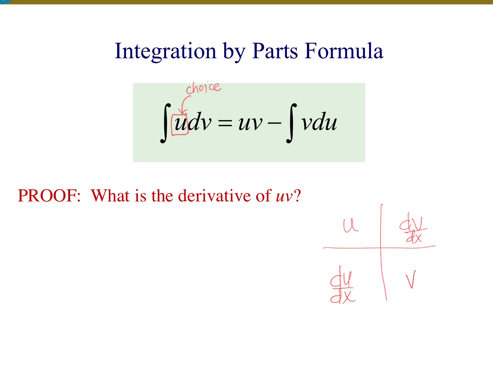Then you reassemble the parts together in the following order. You're going to have the product of UV coming first. So a lot of times in the graphic organizer, we would look diagonally that we're going to choose the UV. And we're going to reassemble the parts, and those two go together first. And then you're going to subtract the integral of v du.